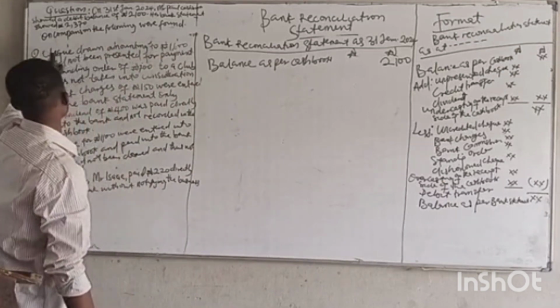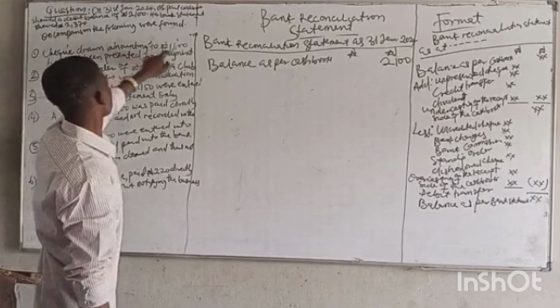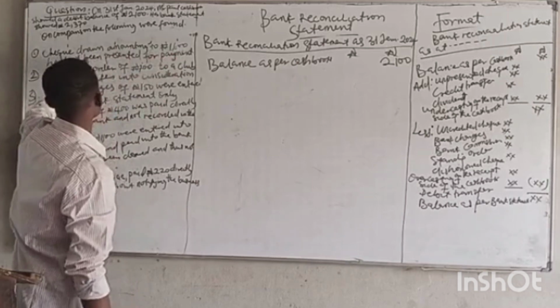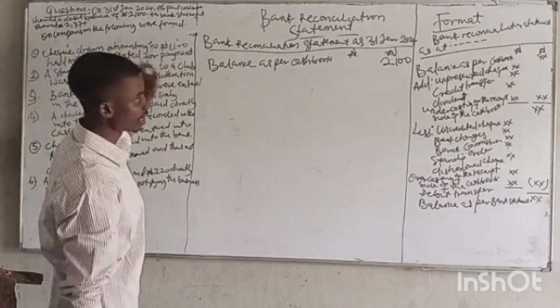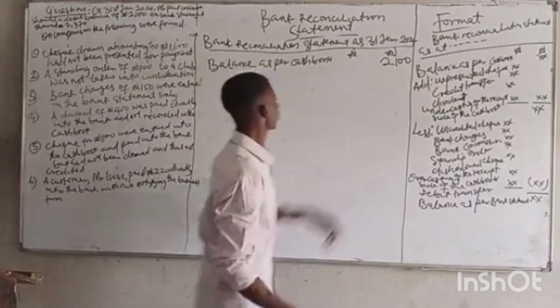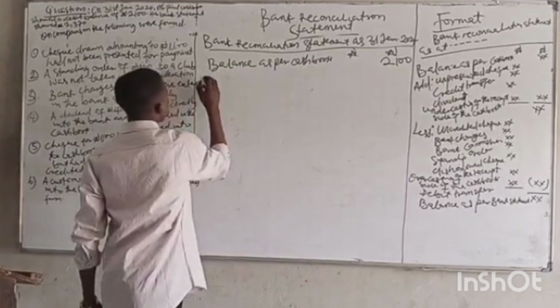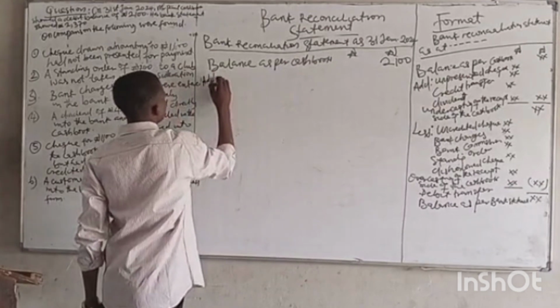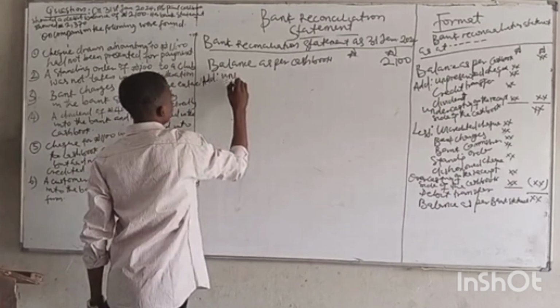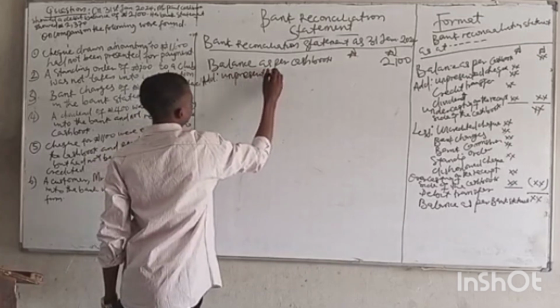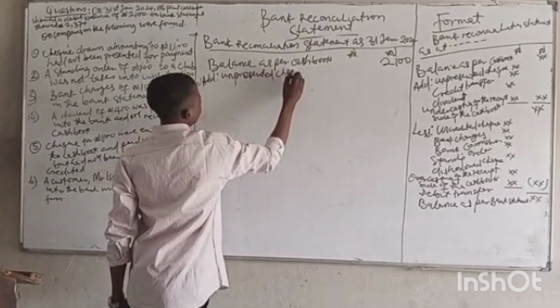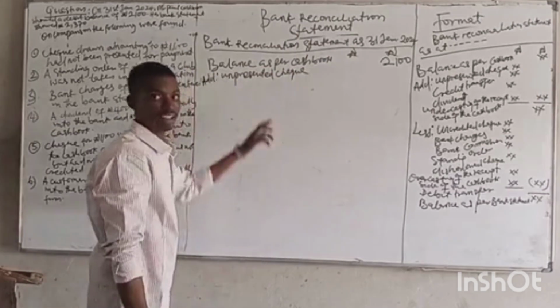So now, the question says on comparison, the following were found. First one, check drawn amounting to 1,600 had not been presented for payment. This is unpresented check. So we now say add unpresented check.